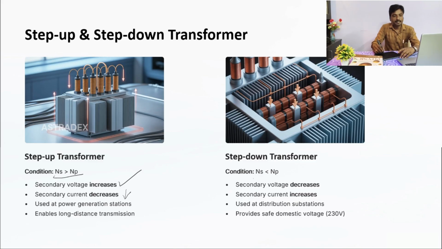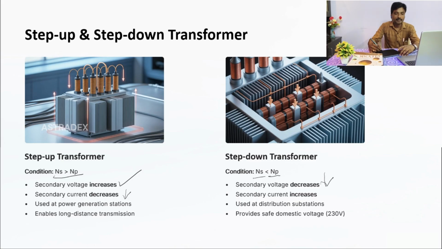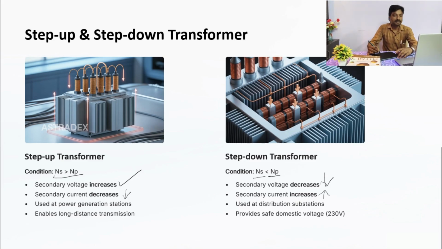The condition for the step down transformer is the number of turns in the secondary coil will be less than the number of turns in the primary coil. Actually, what will the step down transformer do? It reduces the output voltage and increases the current, and it will be used in the power distribution substations.